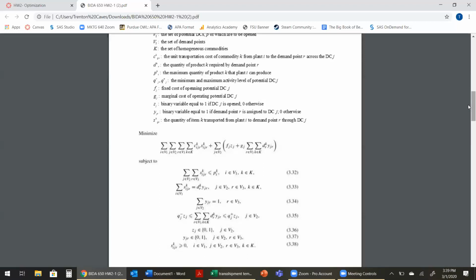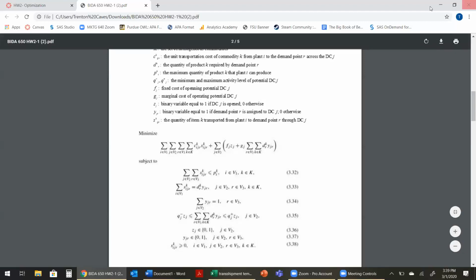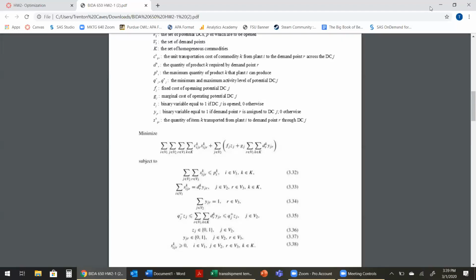Good point. So the decision problem is what's the question that this objective function is trying to solve? Would it be the least amount of DC centers that are needed to transport from plants to retail outlets? It's how many are, right? Yep.